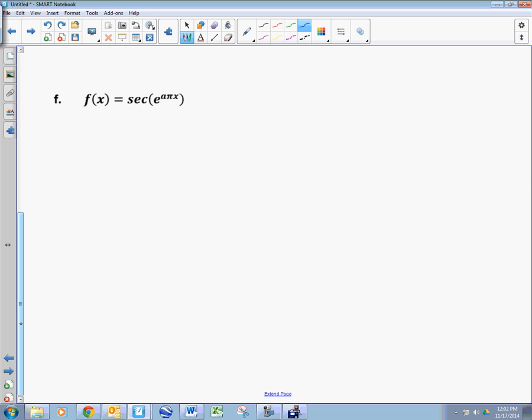Now, let's look at F. How should I treat a in this problem? It's just another constant. Just like pi is a number, a will be just a number. So we have the secant of e to the a pi x. Chain rule. What goes on the outside? Good. Secant of u.